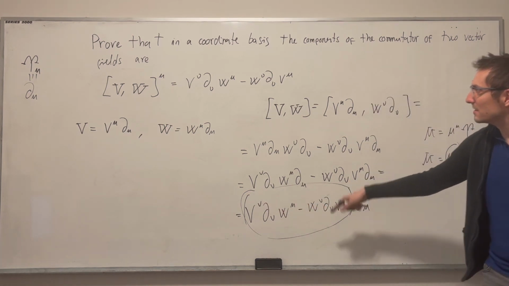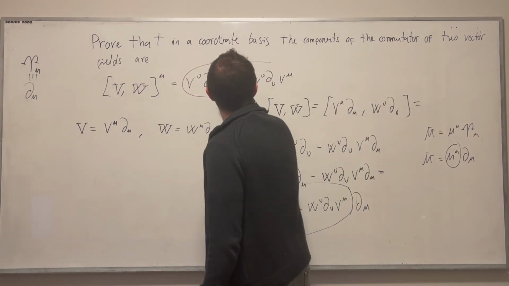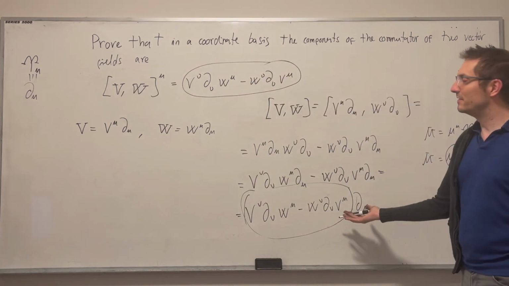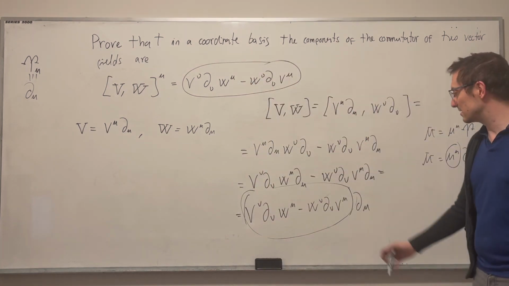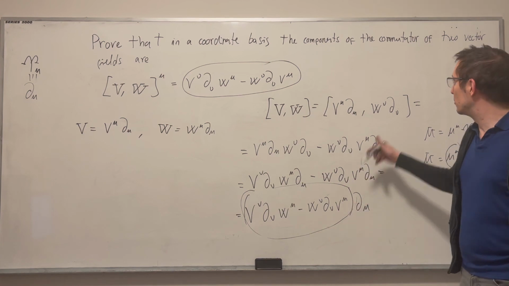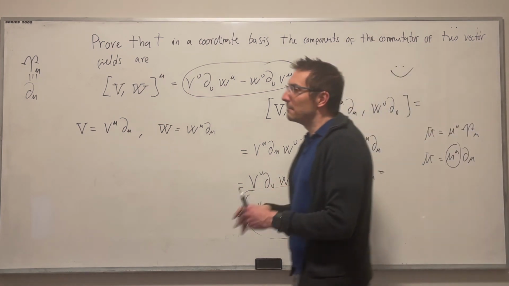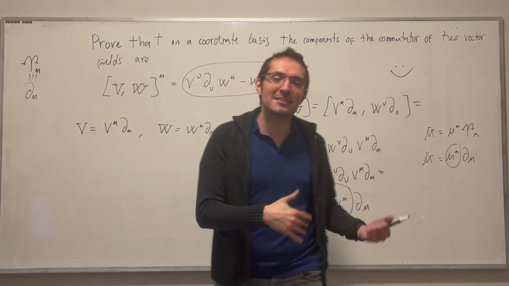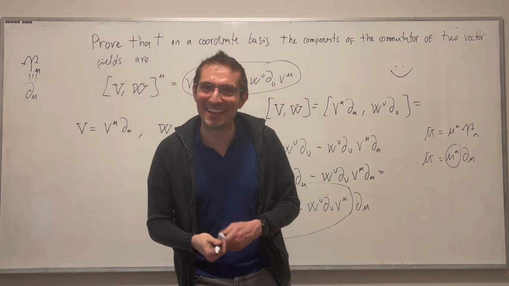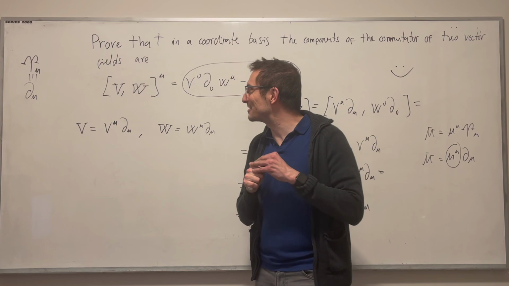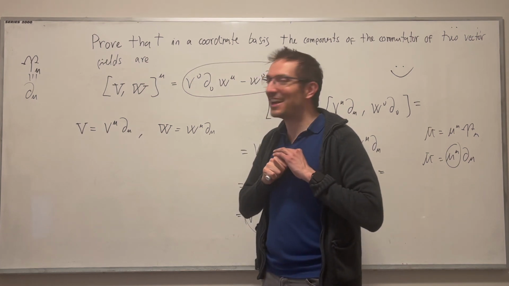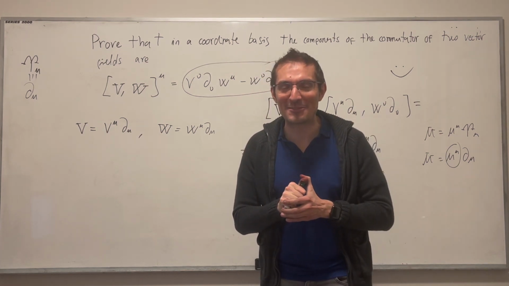So these are the components, and the μth component of the Lie bracket of two vector fields is exactly this, which is what we were asked to prove. A very easy exercise, but if you haven't done these things, it's the kind of exercise you need to do. I hope it was all clear, and please do bring your questions to the live sessions.